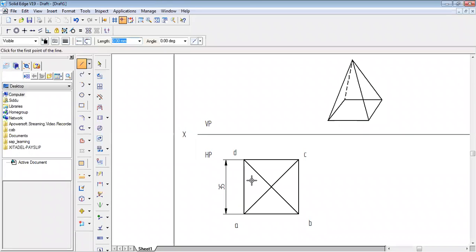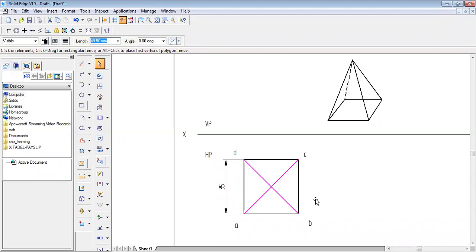Irrespective of the pyramid you take, based on the type of pyramid, you will get a number of slant edges. So when you look from the top, all the slant edges are going to be seen and converge at the center point. So that is why by default you should do this.